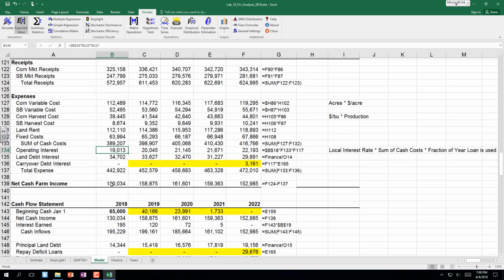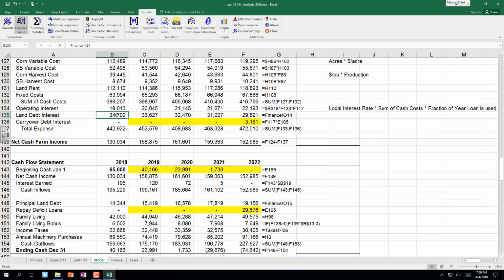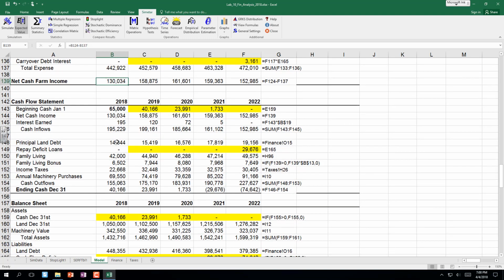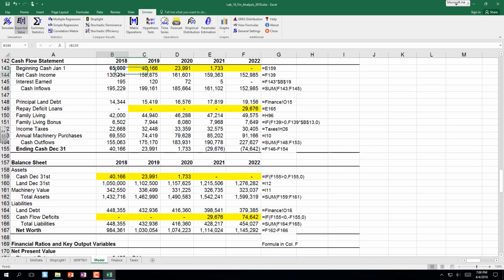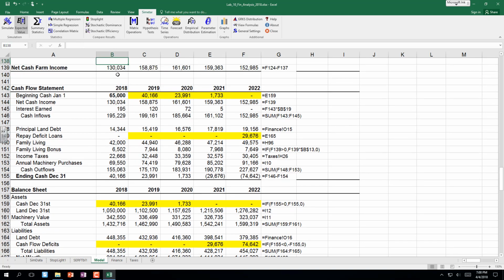Operating interest, land debt interest, those are very easy mistakes to have. Total expenses, okay? Net cash income, definitely receipts minus expenses. Then you have to check your formulas down here. This is just a direct transfer from here to here for net cash income. Okay, interest earned is a simple formula. Total cash inflows. But if you're looking for mistakes, you either start at the bottom and work up, or you start at the top and work down. Okay.